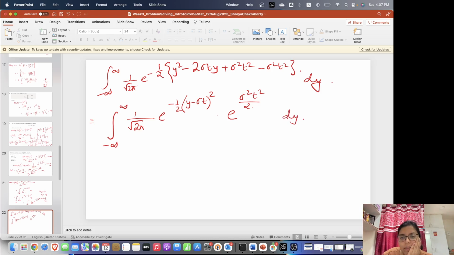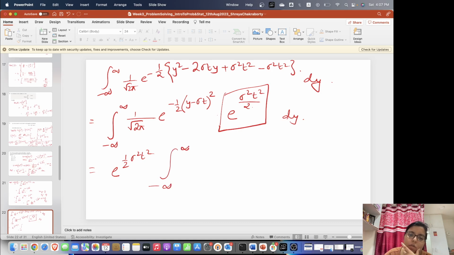Now this term doesn't involve y, so we can take it out, e to the power half sigma square t square, and we are left with the integral from minus infinity to infinity of 1 by root 2 pi e to the power minus half (y minus sigma t) whole square dy. If I forcibly write 1 here and divide by 1, does this look familiar?